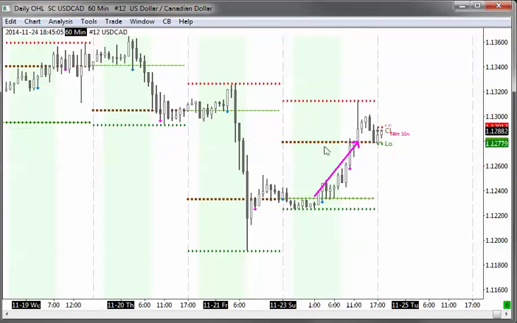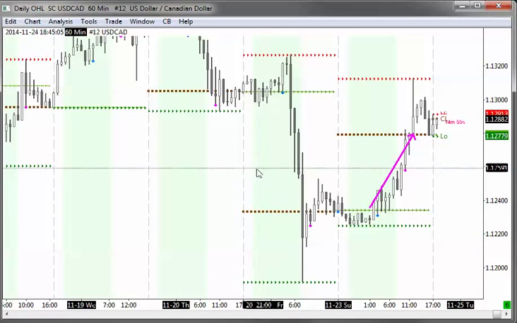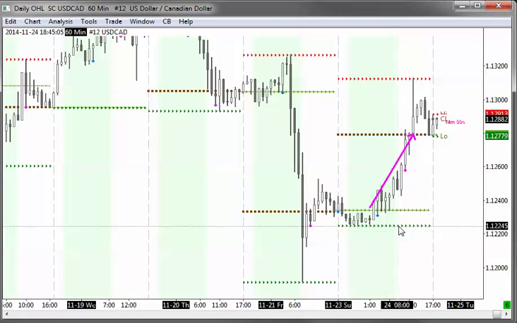The wicks on the other side of the close and the wicks on the other side of the open, a lot of times those are misdirection, and they should be studied very carefully for the clues being given inside of them for the direction for the next day.